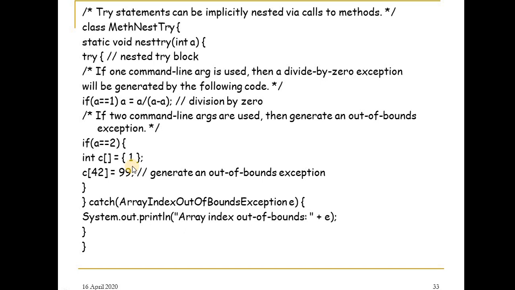Then you close the try block. You have this catch block which will just handle array index out of bound exception. It will display a statement describing the exception, and it will display the value of e object.